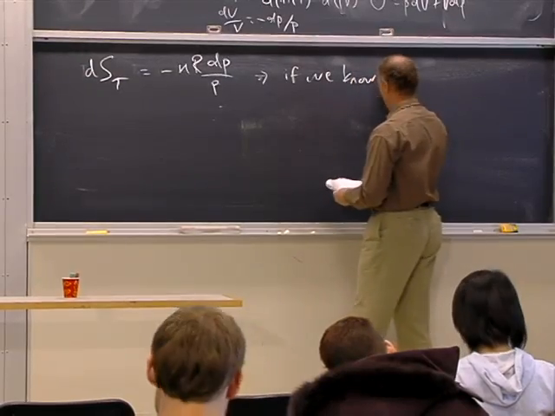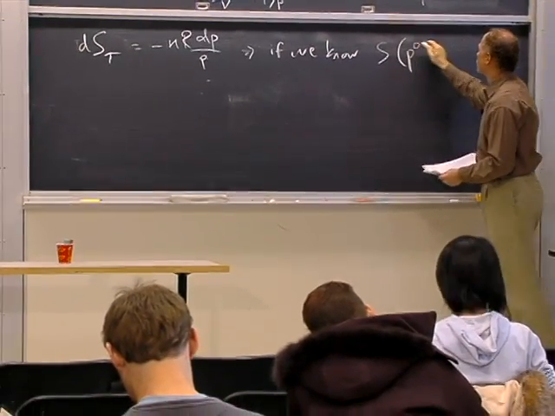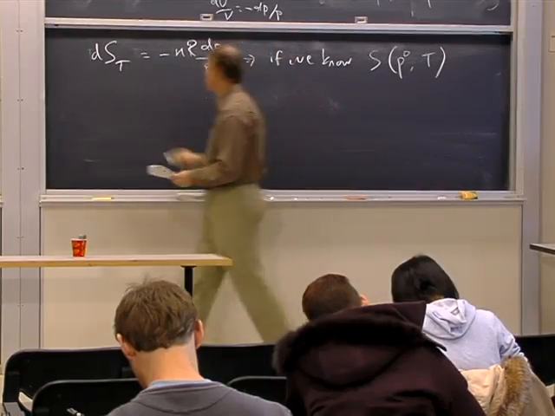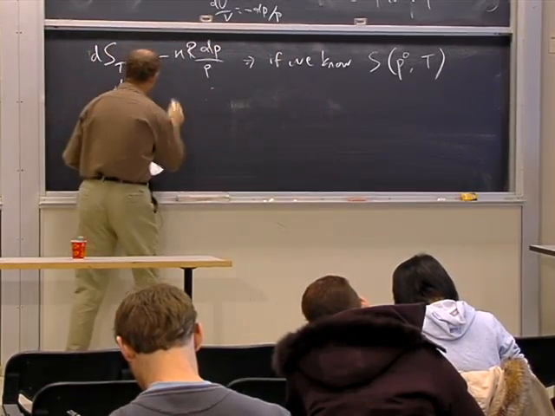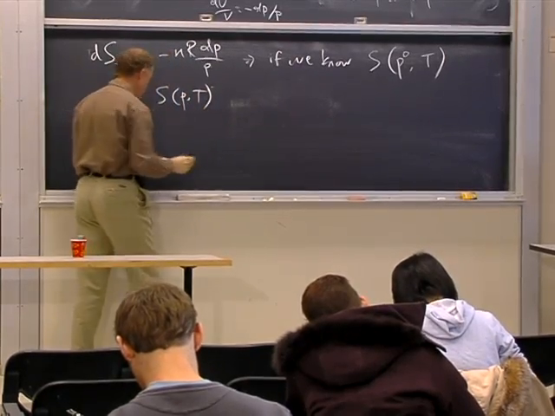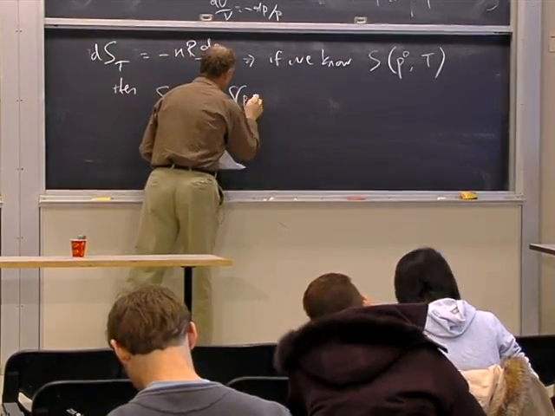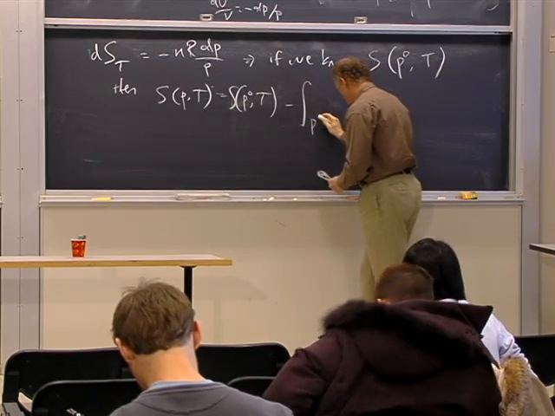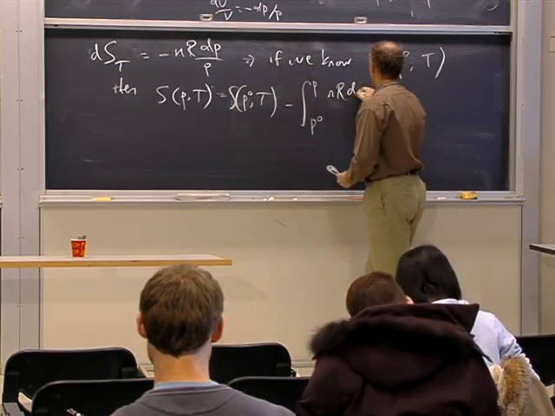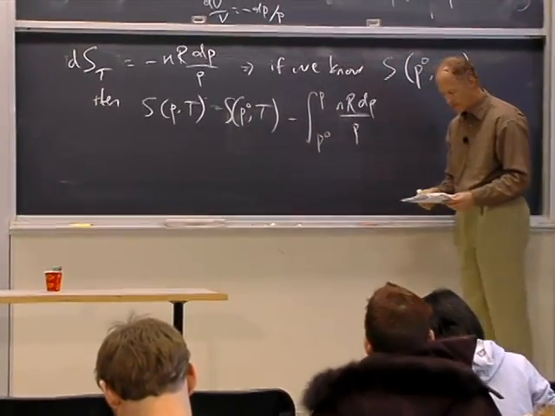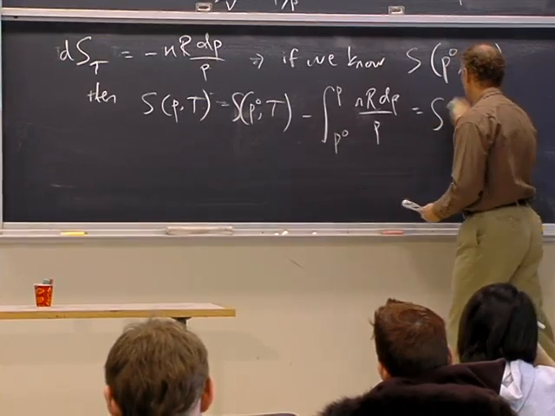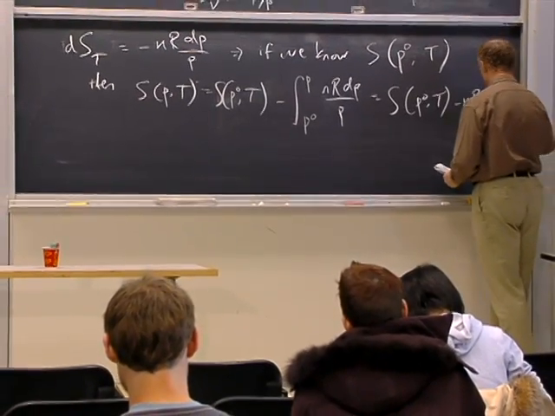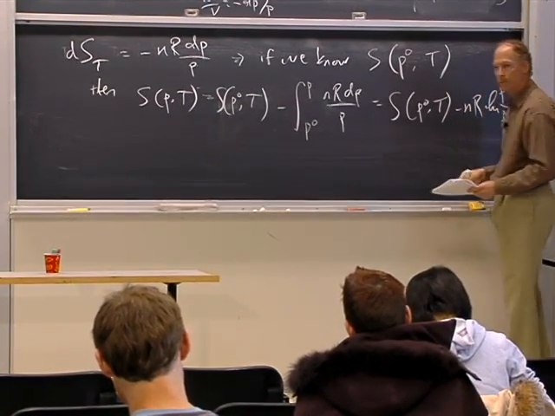If I know S at some standard pressure that we can define, then S at some arbitrary pressure is just S of P naught and T minus the integral from P naught to P of nR dP over P. Which is to say, it's S of P naught and T minus nR log of P over P naught.